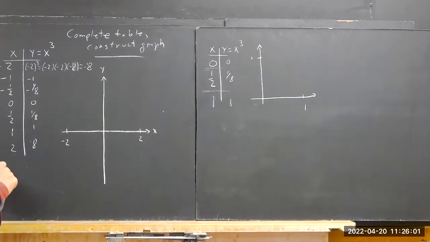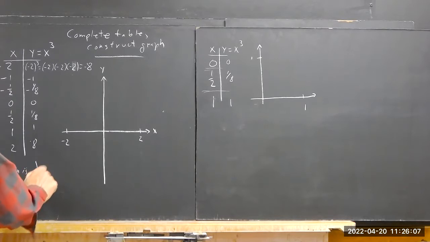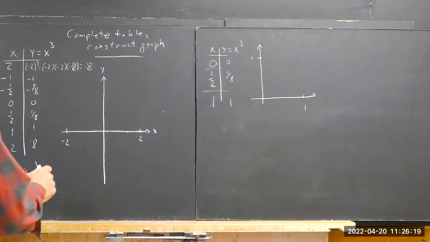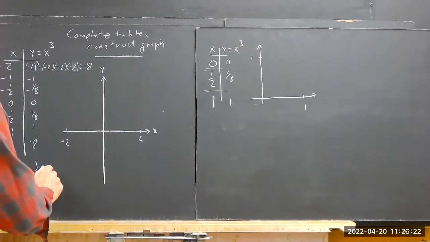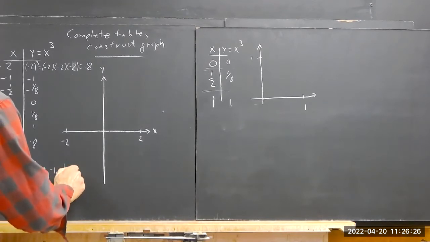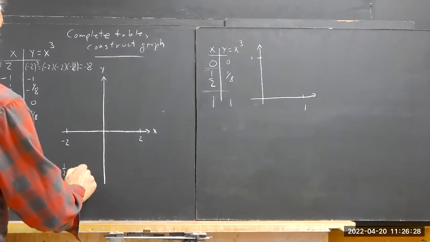So domain is the set. Now, we haven't talked about sets or set theory, hopefully you've seen it at some point if you've had the prerequisite courses, but maybe not.